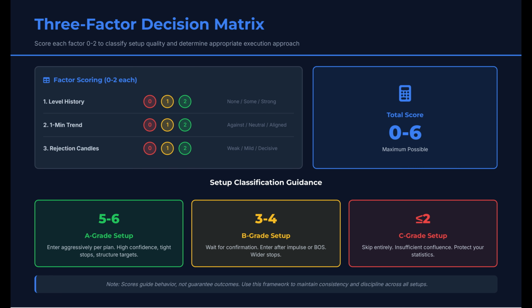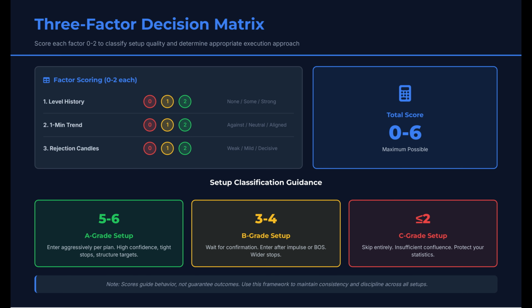Factor 2, trend definition. Score 2 points if the 1-minute microtrend is aligned with your trade direction, higher highs and higher lows for longs, lower highs and lower lows for shorts. Score 0 points if the trend is against you or choppy. There is no middle ground here. Trend is either with you or against you.